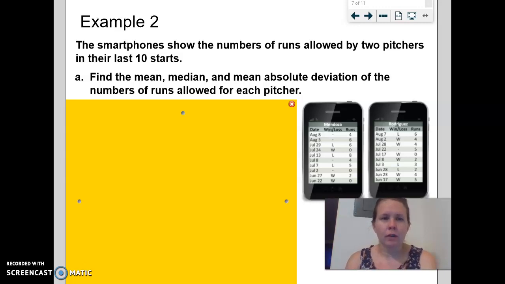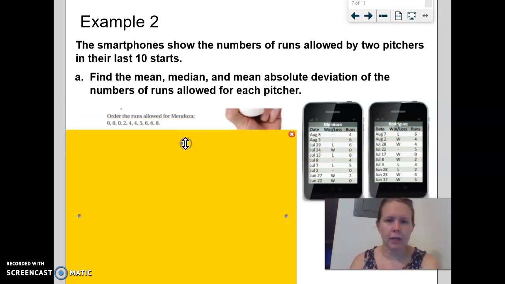So what we need to do is find the mean, the median, and the MAD, or the mean absolute deviation, of the number of runs allowed from each player. We've got two different players here, as their numbers are shown on the smartphone. So maybe you're looking up the stats on your phone. We've got Mendoza and Rodriguez and their stats here.